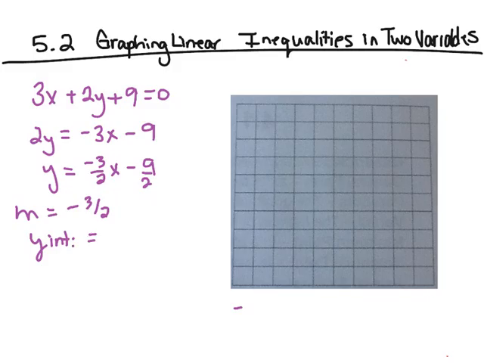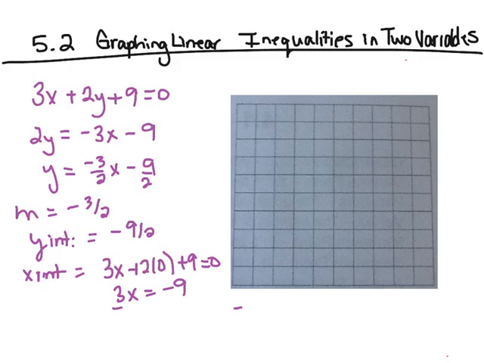Y-intercept is equal to negative 9 over 2. The x-intercept will be whenever y is 0. So 3x plus 2 times 0 plus 9 equals 0. So 3x equals negative 9. Divide by 3, and x equals negative 3.